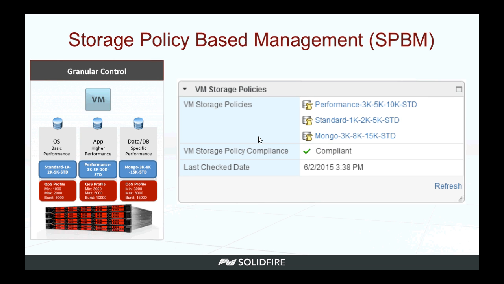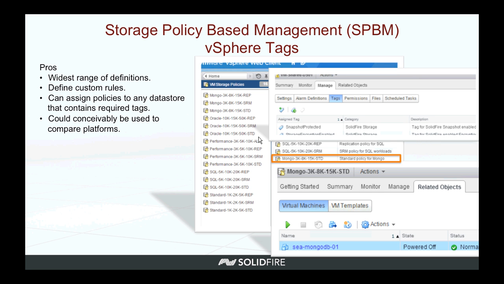We can apply tags to multiple data stores at one time. And that means we can assign these policies to any data store based on those tags. And so you can also use that to compare against multiple platforms. So if you have multiple arrays in your environment that are servicing different tiers of storage, but they have common features or capabilities, you can accomplish exposing that to your end users.